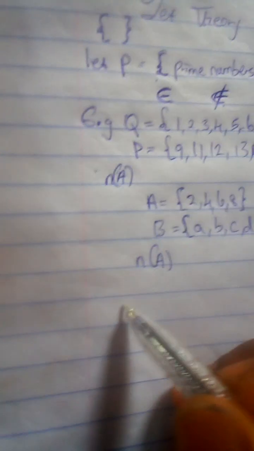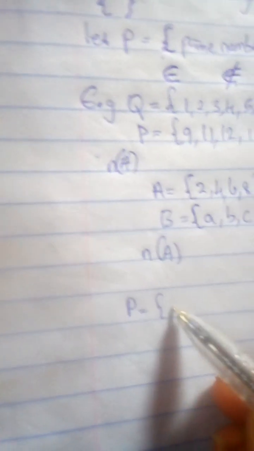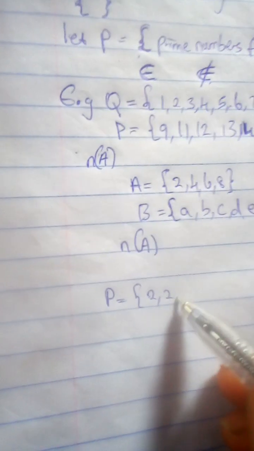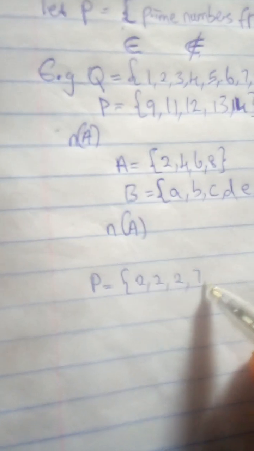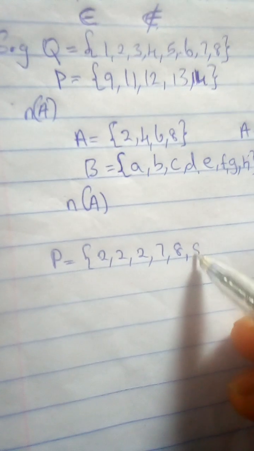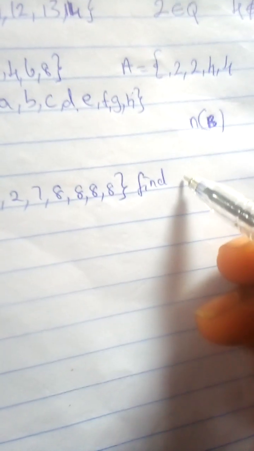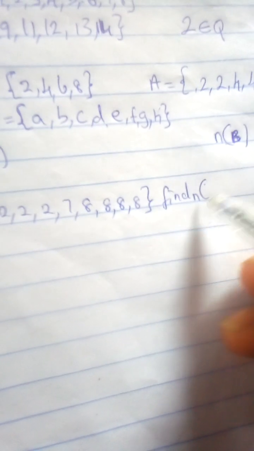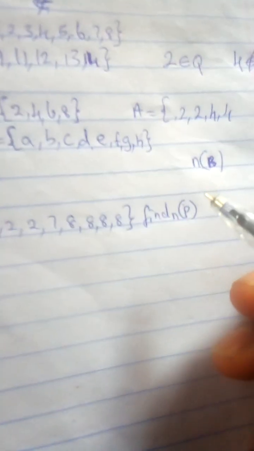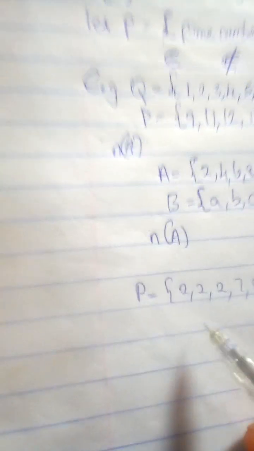Okay, so if you have been given another question, let's say P is a set of 2, 2, 2, 7, 8, 8, 8, 8, and we are told to find n(P), the number of elements in P. So we have our solution.